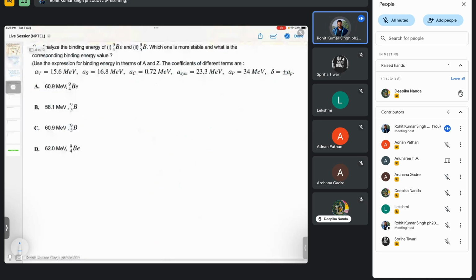Everything is given here: AV, AS, AC, asymmetry, and AP the pairing term, and this delta is just plus minus AP. So everything is given. You can just put these things in this formula and calculate.